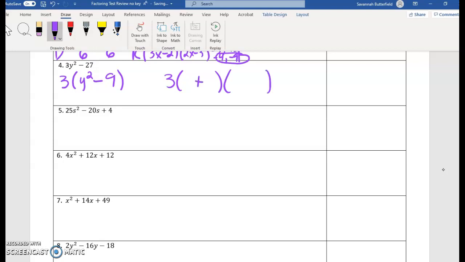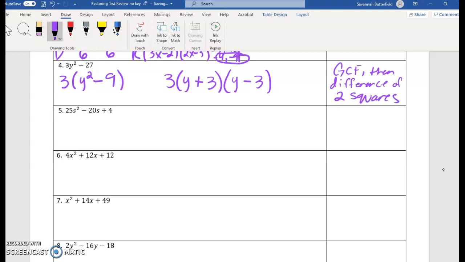Remember, one has a plus sign, one has a minus sign. The square root of y squared is y. The square root of 9 is 3. So we're going to end up with 3 times y plus 3 times y minus 3. So this, we took a GCF, and then difference of two squares.